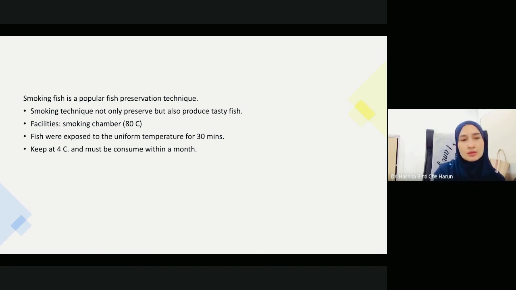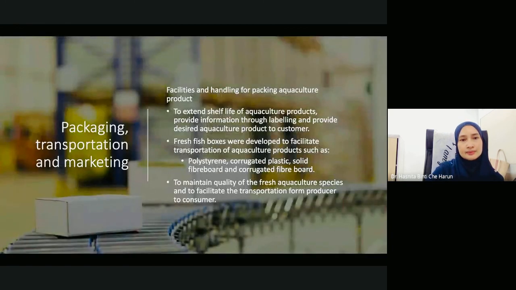So you need a smoking chamber, and you can use a temperature of 80 degrees. Fish were exposed to the uniform temperature for 30 minutes. You have to keep it at 4 degrees and it must be consumed within a month.